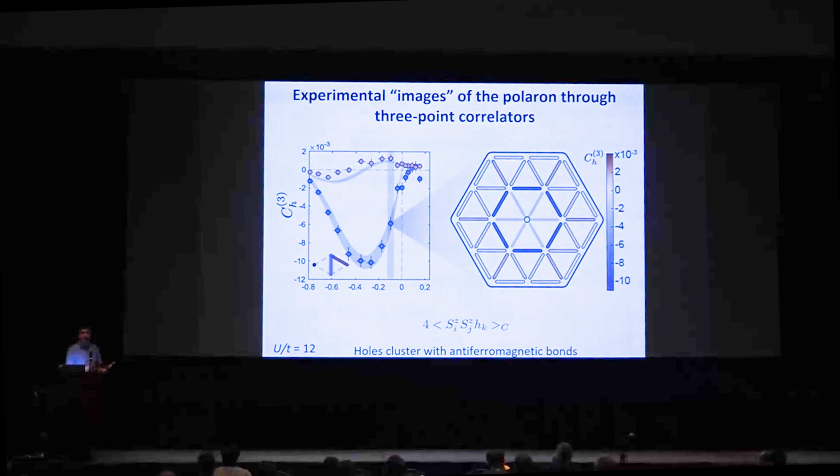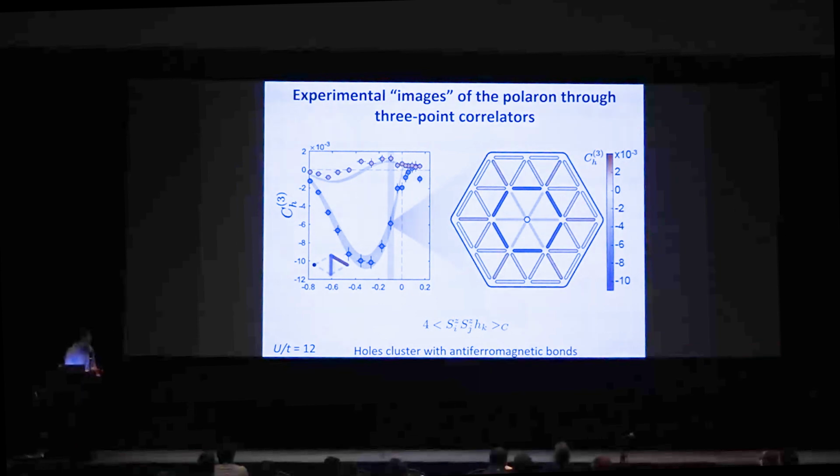Well, we can go and evaluate multi-point correlation functions. So for example, we can take a snapshot of our system and identify the dopants, the hole dopants, for example, and look at the spin environment. And what we find is around the hole, there are these anti-aligned spins, so there's negative correlation, which is exactly what we were predicting. Further out, we see some ferromagnetic correlations. We understand these, but I won't go into why that is.